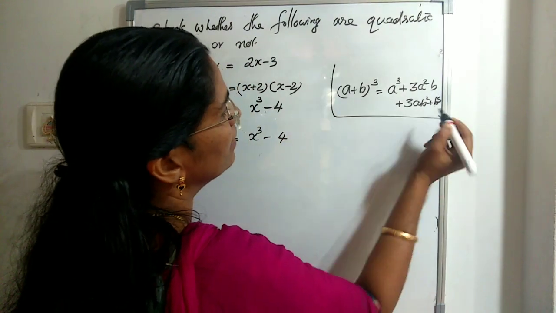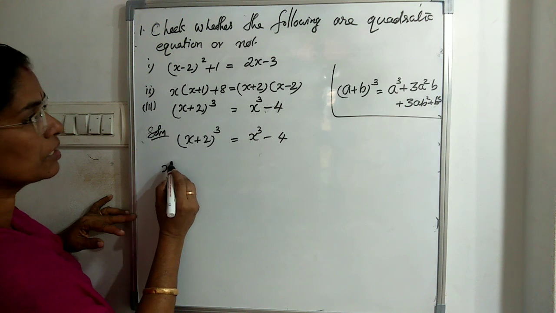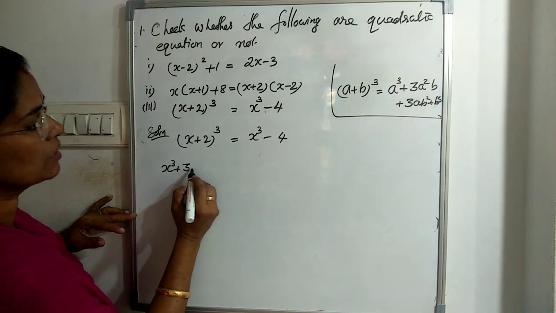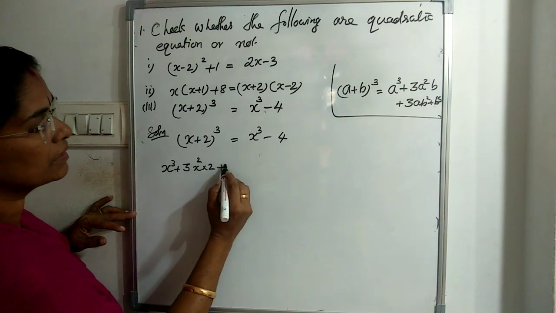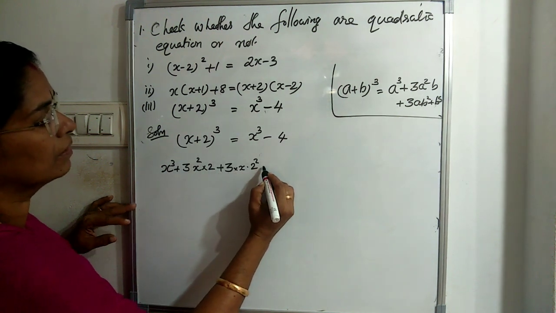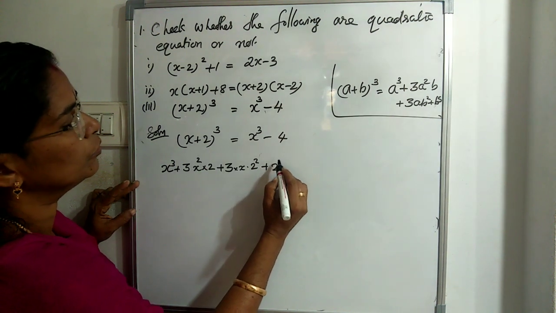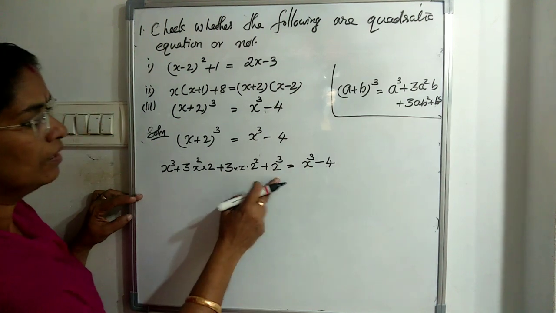This is the identity. Here we are applying this identity. x cube plus 3 x square into 2, clear? Plus 3 x into 2 square plus 2 cube is equal to x cube minus 4.